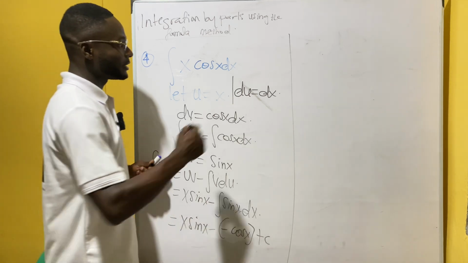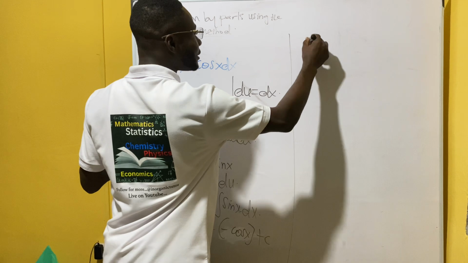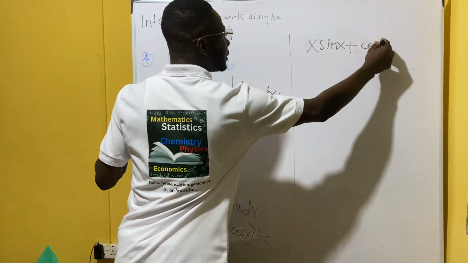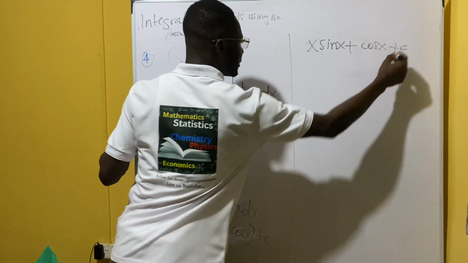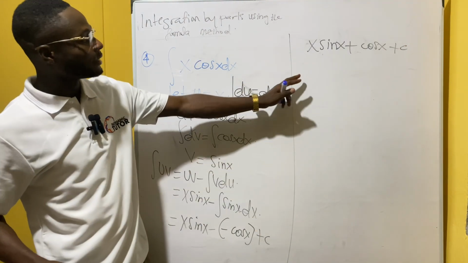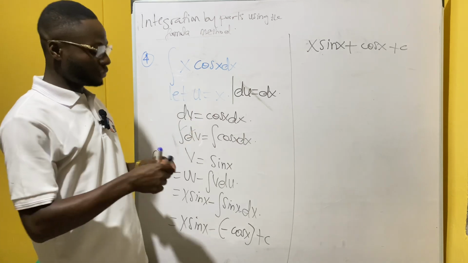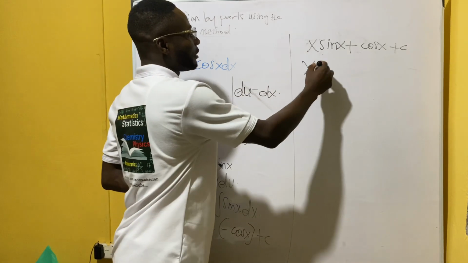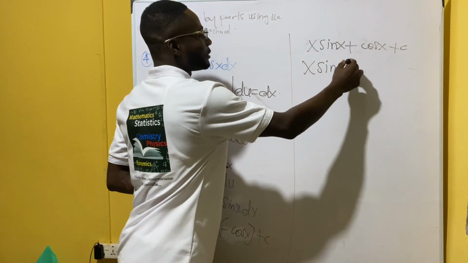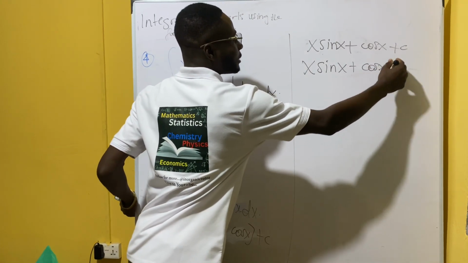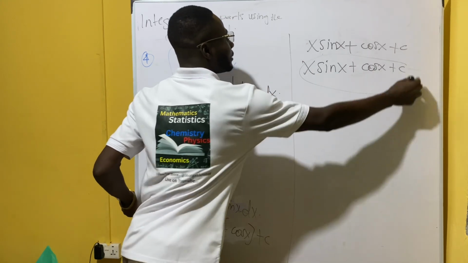So we have right here x sine x plus cos x plus c as our final answer to this particular problem. So right here, we can see that our final answer is x sine x plus cos x plus c.